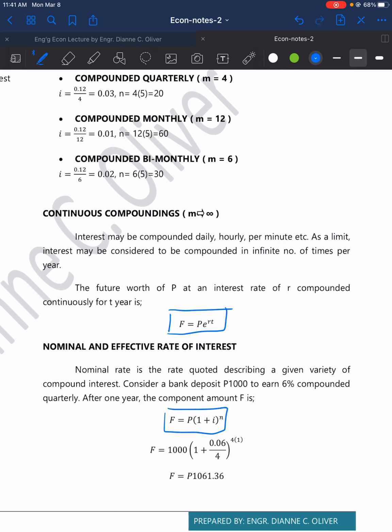Using this formula, we have here the 1,000 present worth, times 1 plus the rate here, 6%, divided by quarterly, which is 4, and n is 1 year multiplied by 4. So the answer for future worth is 1,061.36 pesos.